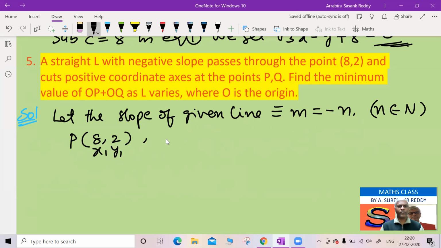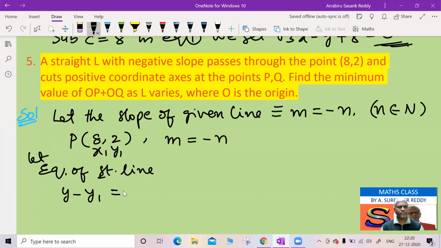We have the slope m value minus n and a point, so using the slope and point formula, the equation of the straight line is y minus y1 equals m into x minus x1. This is the equation of a straight line in slope point form.